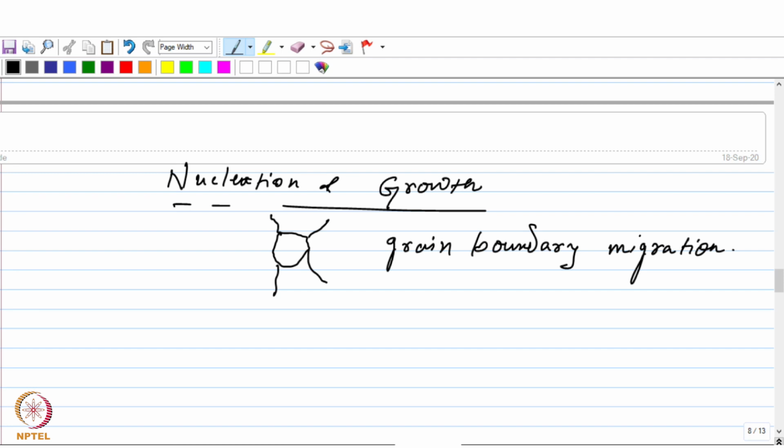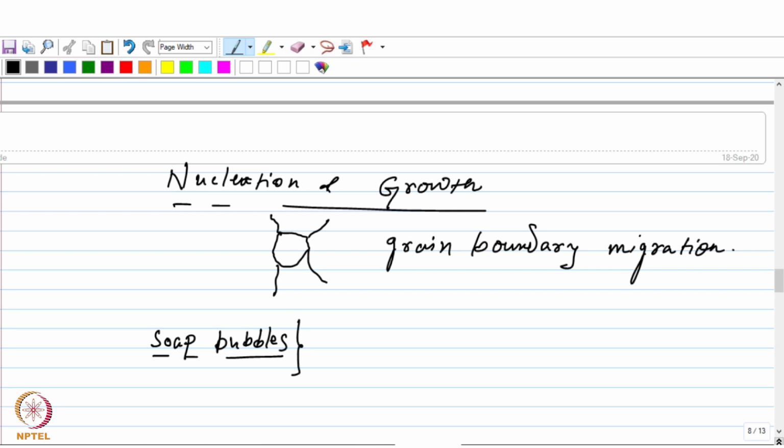If you consider soap bubbles and look at how they grow in a given time interval.